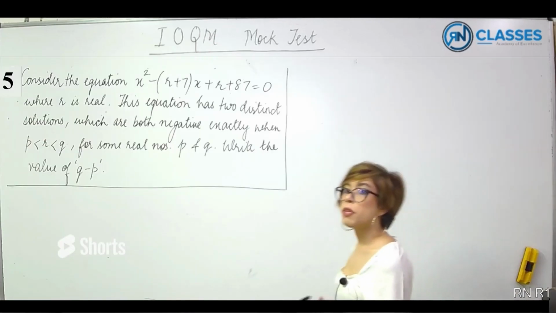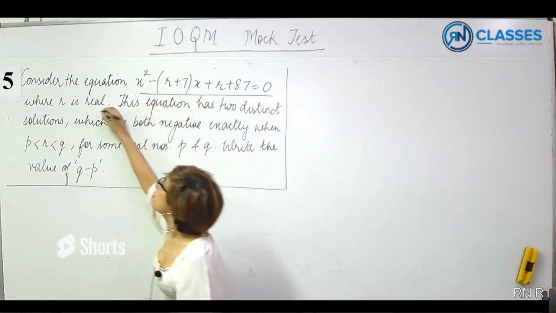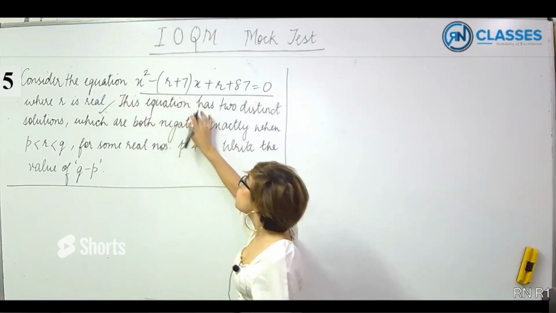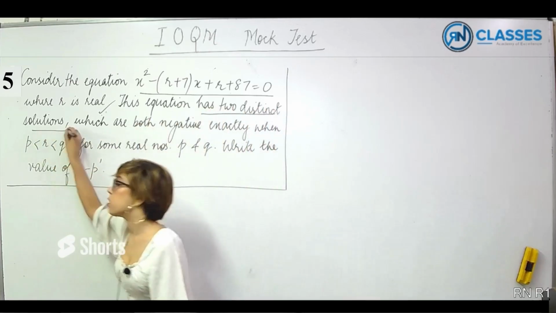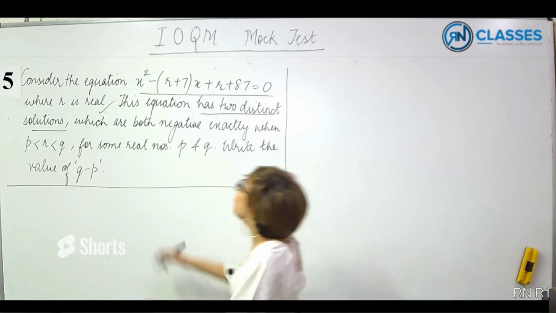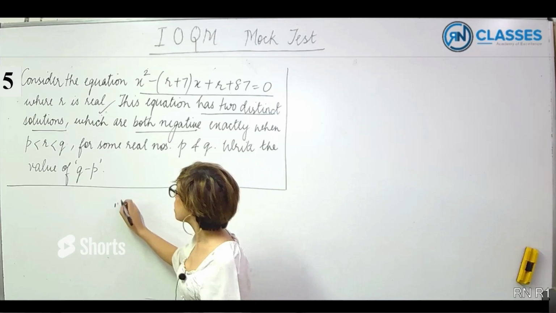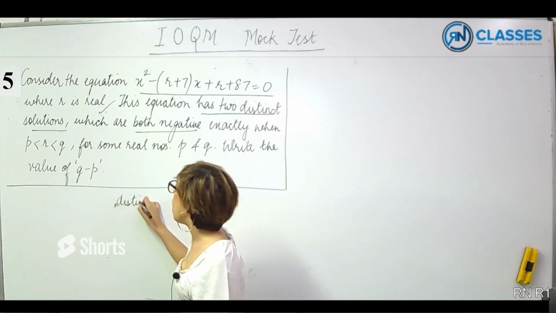Alright. For the next question, he says consider this equation where R is real. Now he says this equation has two distinct solutions. Now, a quadratic equation has two distinct solutions, which are both negative, right? So, two distinct solutions I have, and both of them are negative.